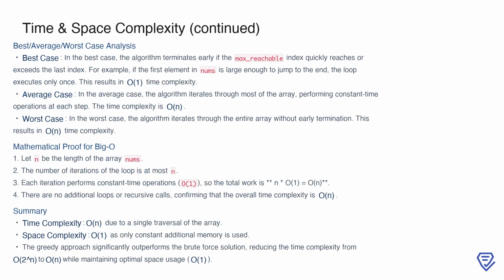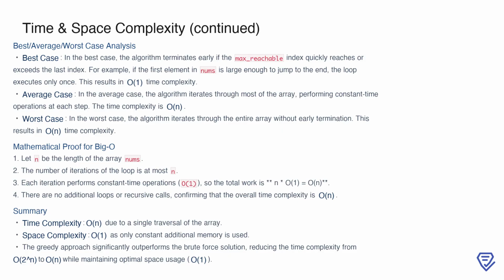Analyzing further, in the best case, the algorithm terminates early. For instance, if the first element of the array is large enough to jump directly to the end, the loop runs only once, resulting in O(1) time complexity. In the average case, the loop processes most of the array, performing constant time operations at each step, leading to a time complexity of O(n).